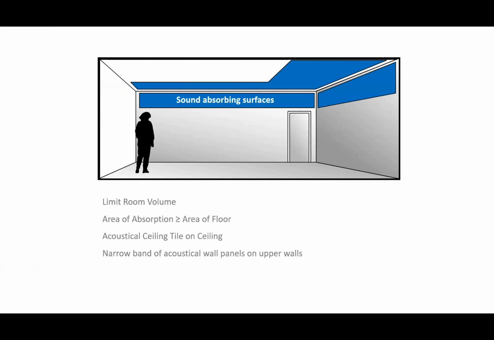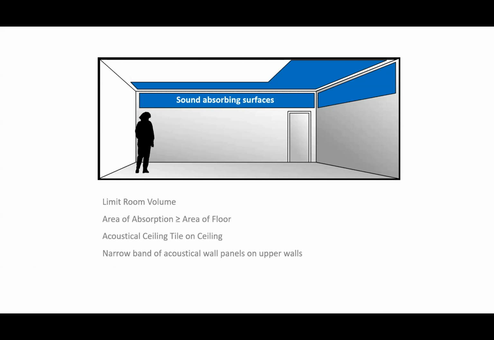So looking at this another way, some ideas here are trying to limit the room volume, so you're not having huge ceiling heights and huge room volumes. The area of absorption should ideally be more than or equal to the area of the floor.